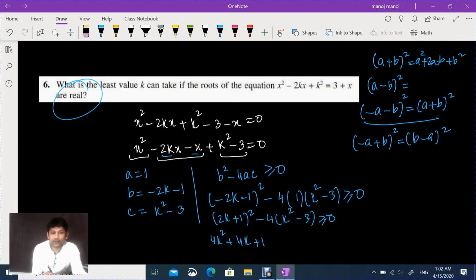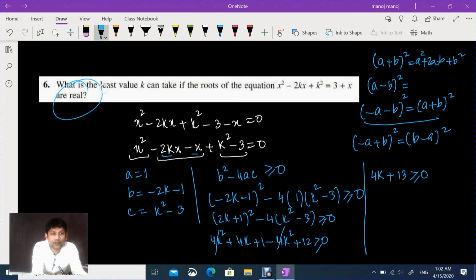I am writing the direct expansion: 4k square plus 4k plus 1 minus 4 times minus 3, plus 12, greater than or equal to 0. The 4k square is cancelled out. Now you have 4k, and plus 1 and plus 12 is plus 13, greater than or equal to 0.